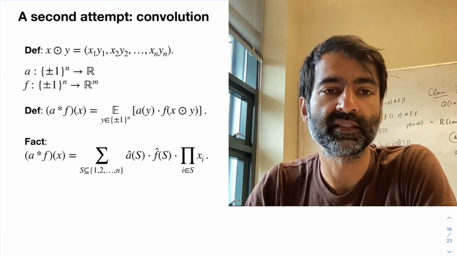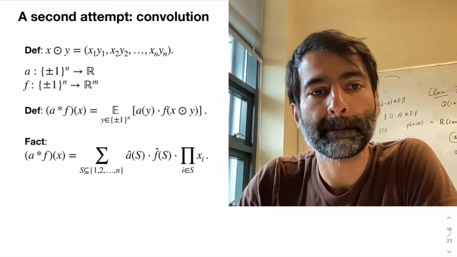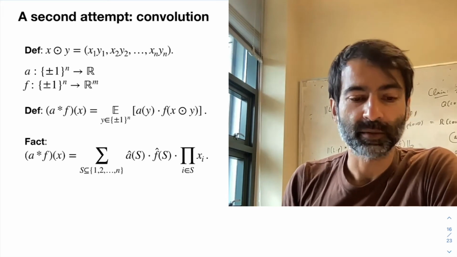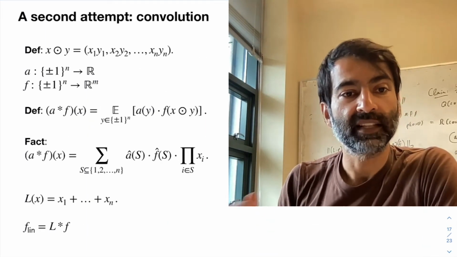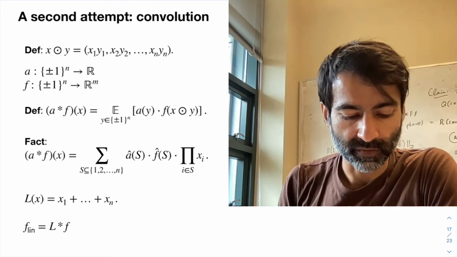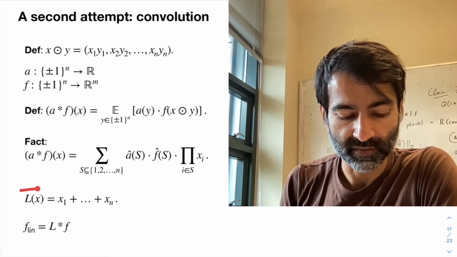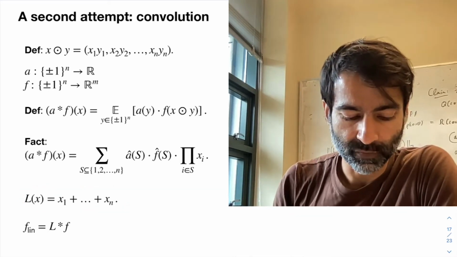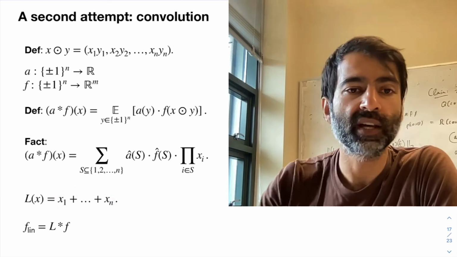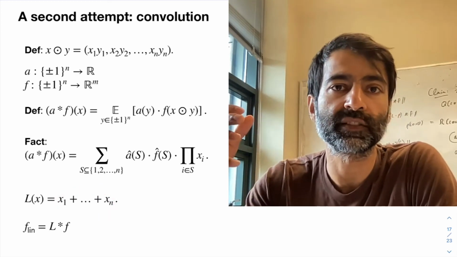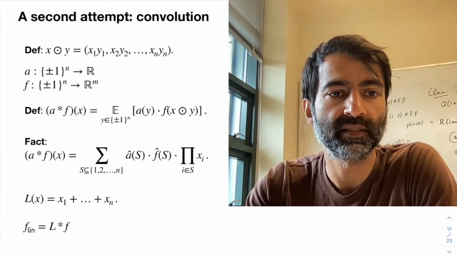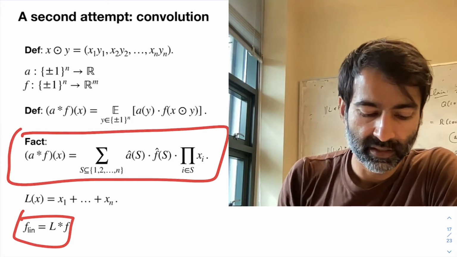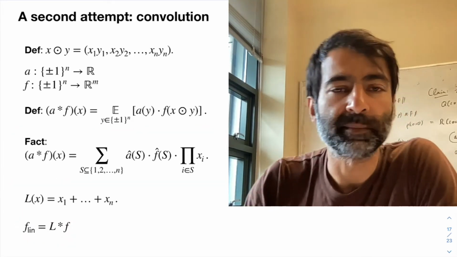But this is the product of a number with a vector, and that's very powerful, because now if I want to express the linear part of f, that's the same as a convolution of f with the function which is just the sum of the variables. This function has Fourier coefficients that are 1 exactly when the sets are of size 1 and 0 otherwise. So this convolution, by this identity, is the same as the linear part of f.